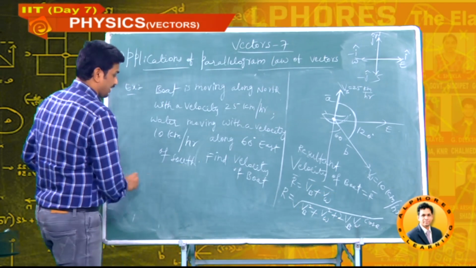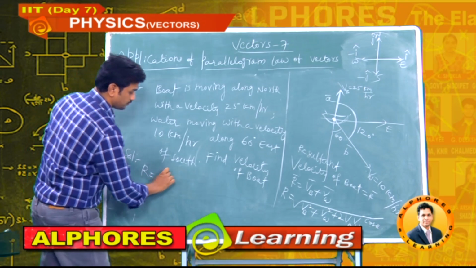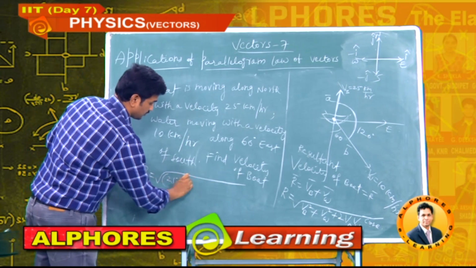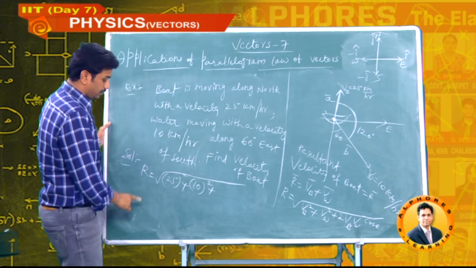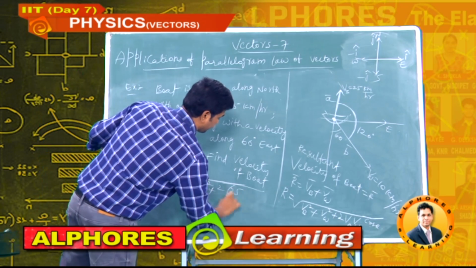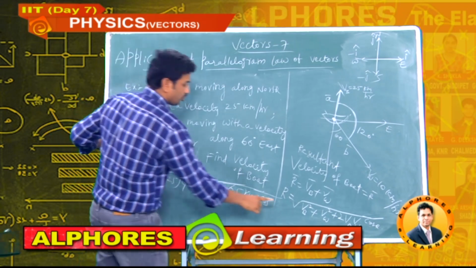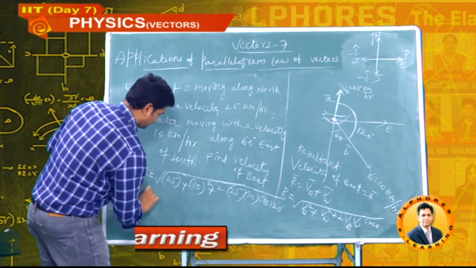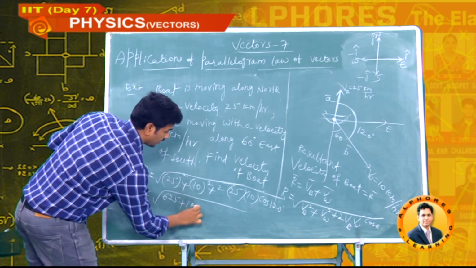Now shall we substitute the values? The resultant velocity of the boat in the water is under root VB, 25 whole square, plus VW, 10 whole square, everything in kilometer per hour, and the final answer also in kilometer per hour, plus 2 into 25 into 10 into cos of the angle between boat velocity and water velocity, which is 120, cos 120. 25 whole square is 625, 10 square is 100.